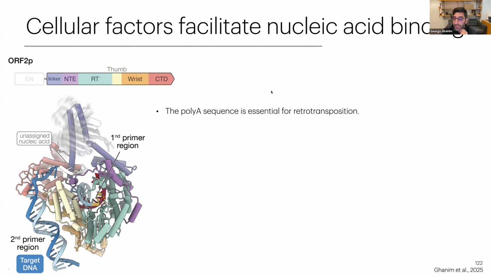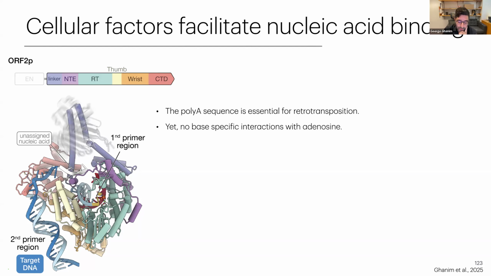LINE-1, the ORF2p protein, is known to reverse transcribe itself. Again, this is the cis-preference I had mentioned. And it's not contingent on a sequence within the LINE-1 mRNA or some sort of structure, but just the poly-A itself. So it has some sort of specificity, but it doesn't seem to be dictated by base specificity, although it does have the specificity for its poly-A sequence.